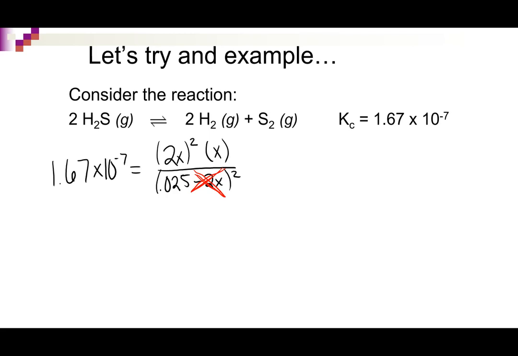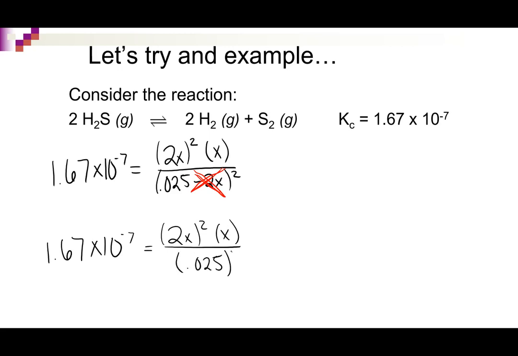So by using that x is small approximation, here's what we're left with. On the top, we still have 2x squared times x. And on the bottom, we're left with 0.025 squared. Now the algebra is pretty easy to solve for x.